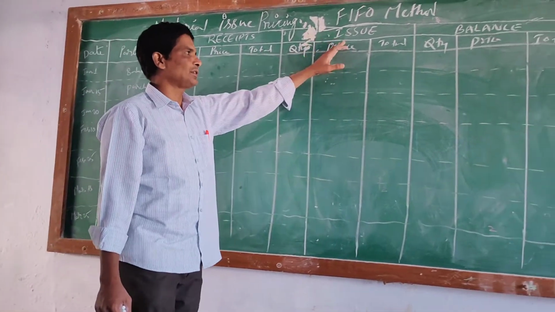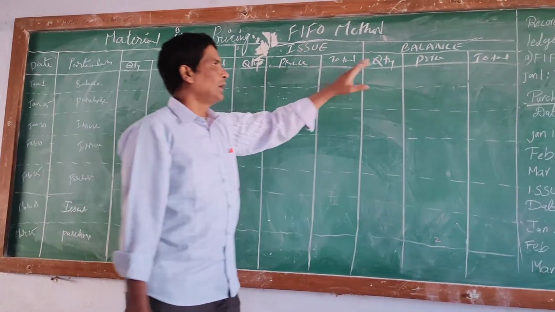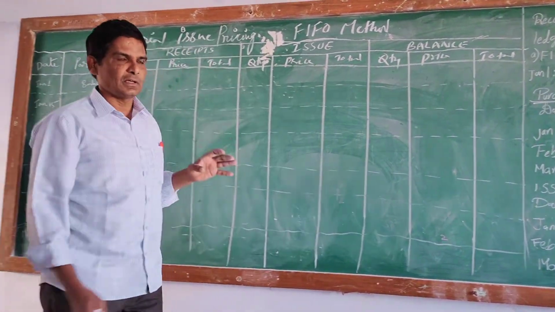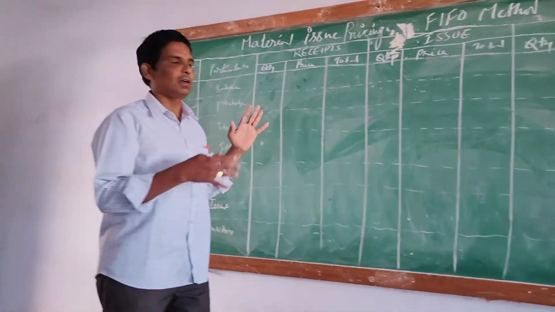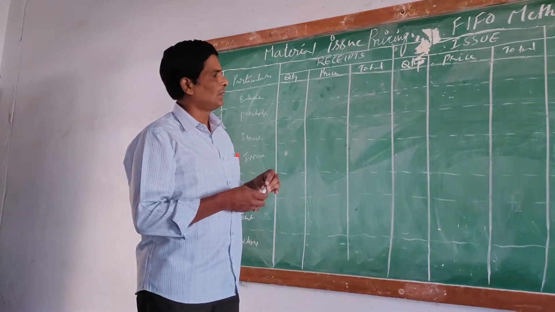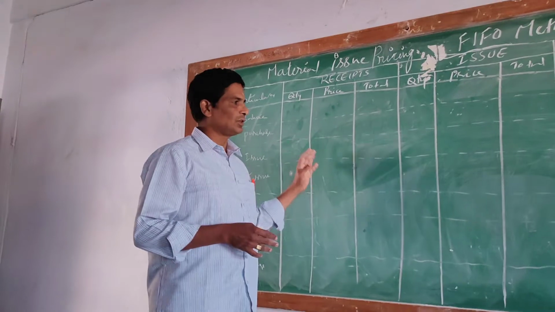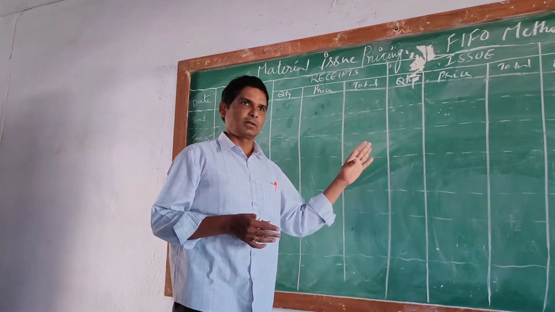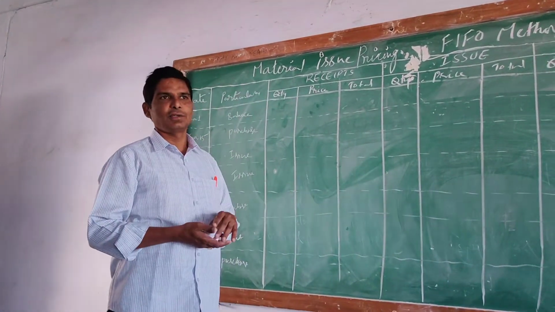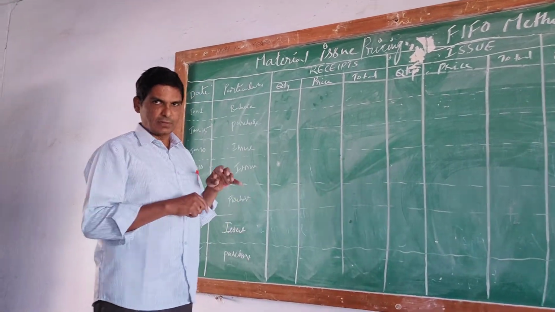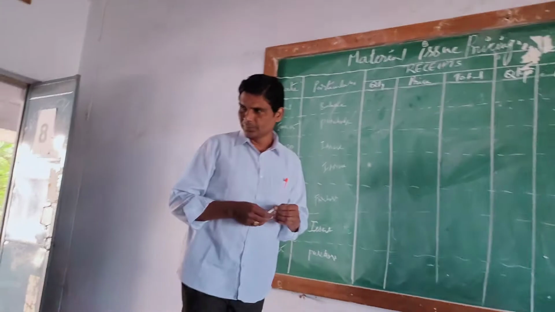The issues column is divided into quantity, price, total, and the balance column is divided into quantity, price, total. Sometimes you may not comprehend it, but after doing the problem you will find the whole exercise very easy. Then date and particulars. So I will do the problem.